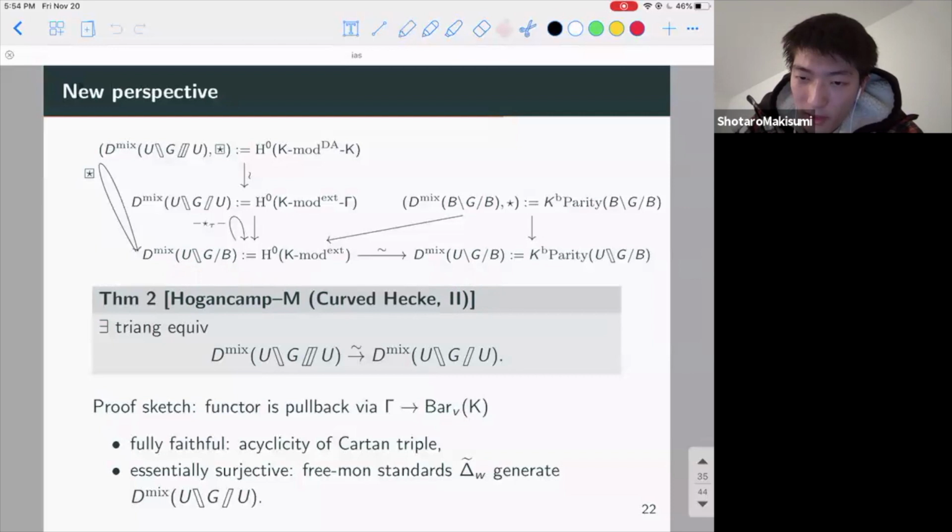But now what we've done is we now have this category of some notion of A-infinity bimodules over K. And so this is a monoidal triangulated category which naturally acts on the left of this category. So if you just focus on the category in the middle, it is acted on the right by this Hecke category and on the left by this funny new category.